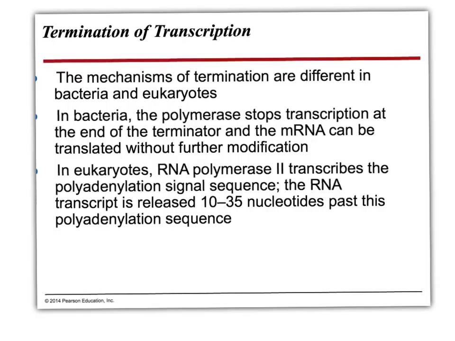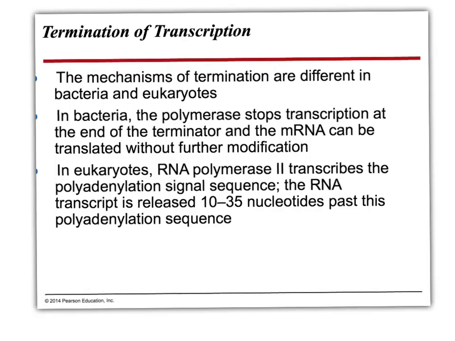The RNA polymerase recognizes that and it shuts off. That mRNA then can be translated without any further modifications. All right, so bacteria, very simple. Whatever is transcribed is translated.